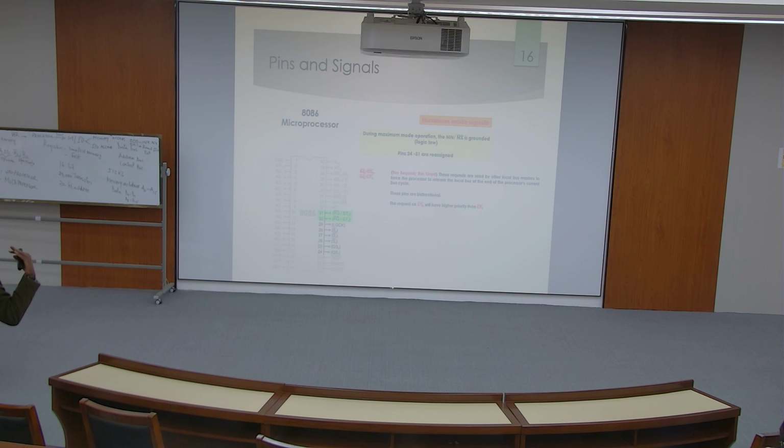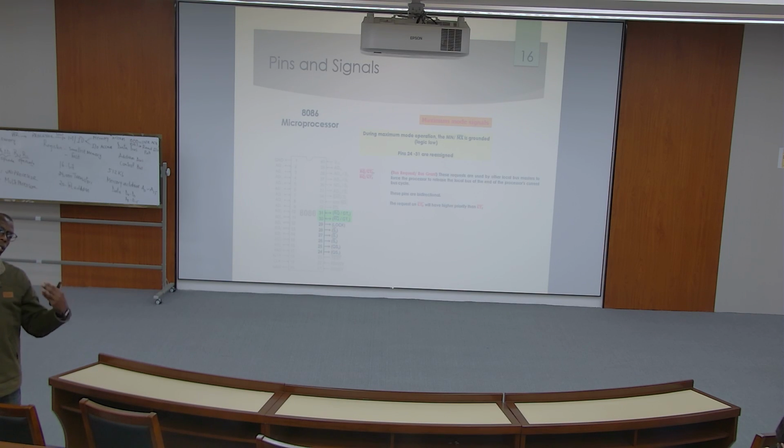This is something that we're going to learn in more detail when we learn about bus arbitration. That means we have many devices. To avoid competition, the bus needs to be requested from the microprocessor. So the device which needs access to the bus, or which needs control of the bus, will send a bus request to the microprocessor, and the microprocessor will handle the bus request.